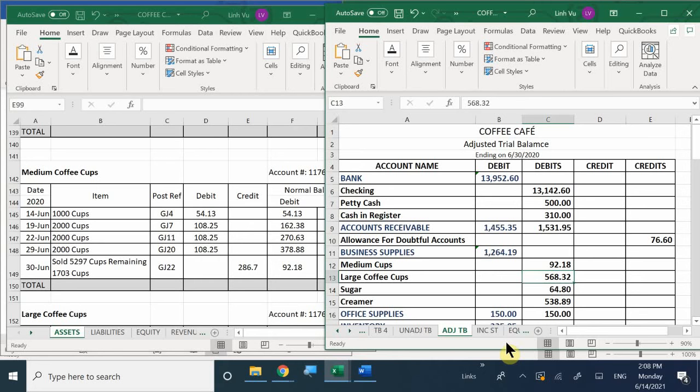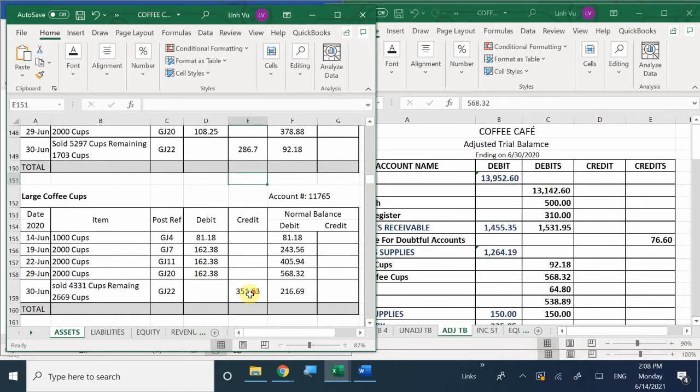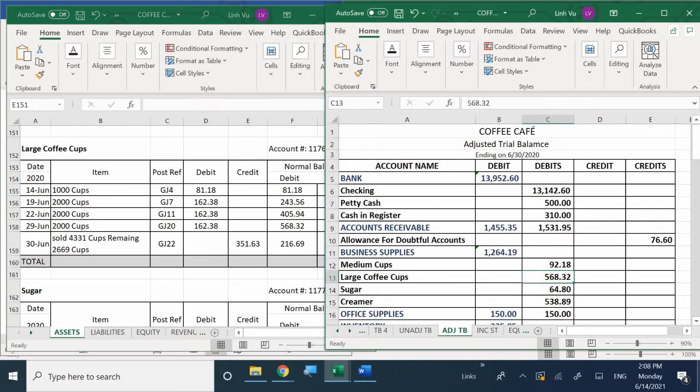Because my business supplies consist of my medium, large, sugar, and my creamer. In this case, I'm making an adjustment because I no longer have those cups anymore. I sold them along the way. What's my balance in my large cups? 216.69. Okay.